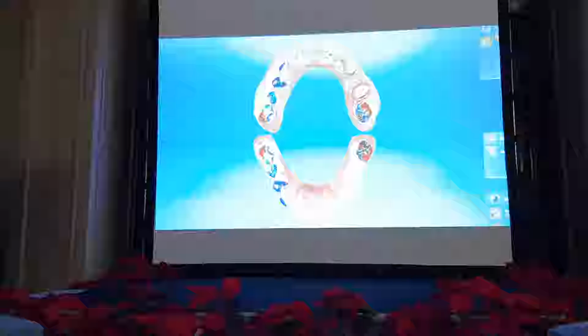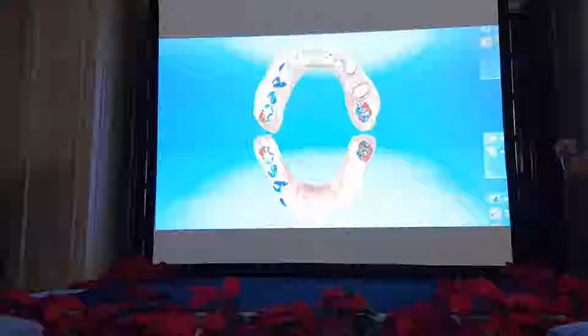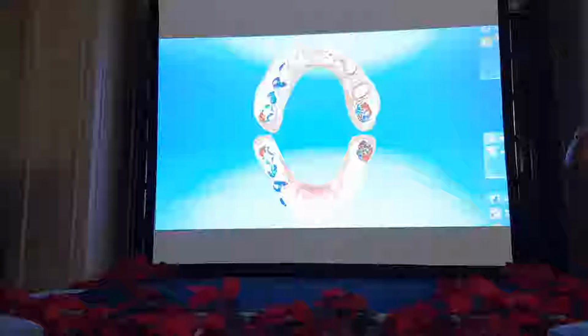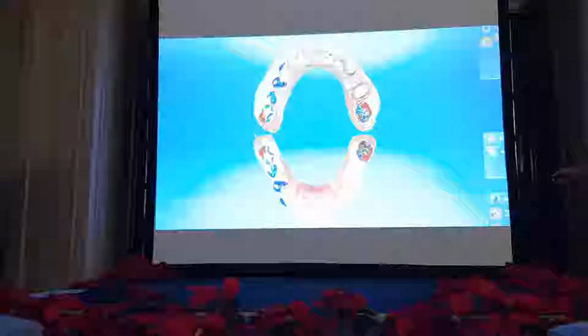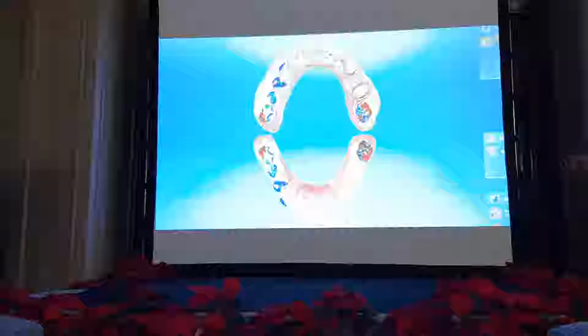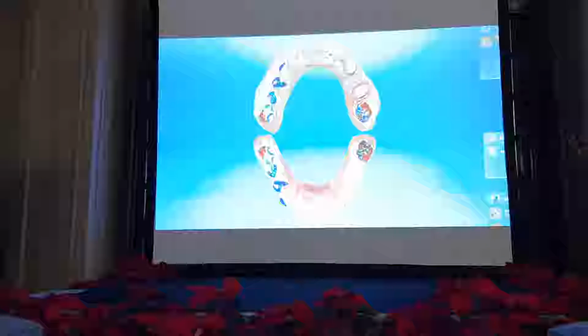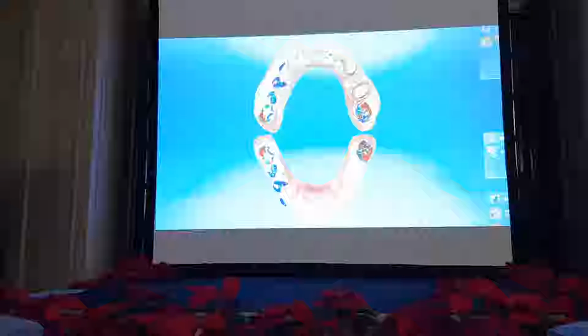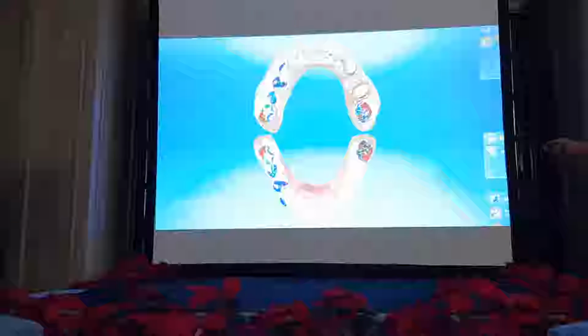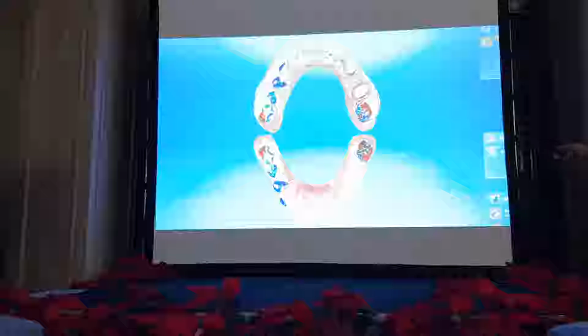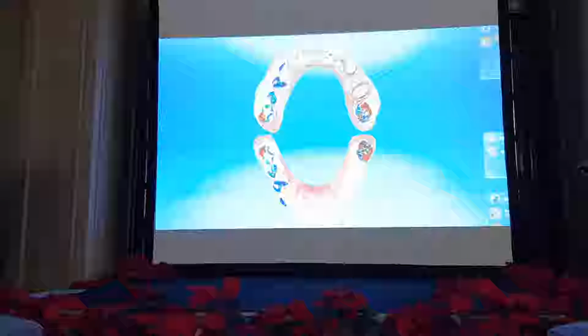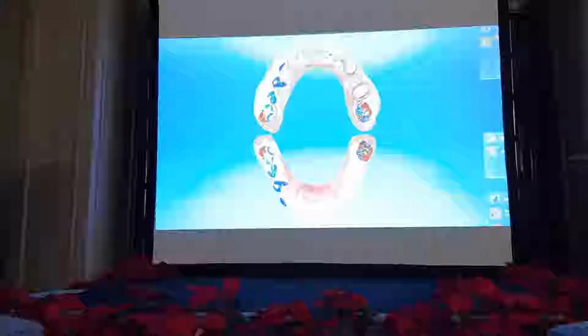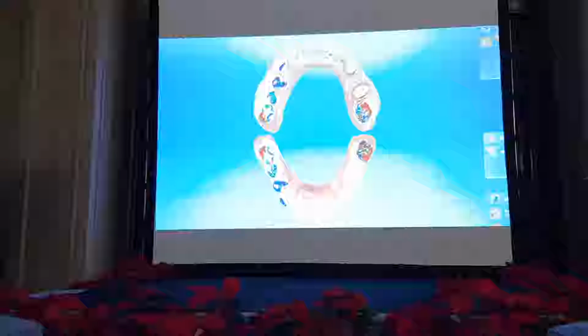Just open the bite and see the distribution of occlusal force. If the left side and the right side are balanced, we can have some confidence in the scan. Okay. On this left side, you can see the red. Red means heavy occlusion. Yellow, heavy. Green, light.